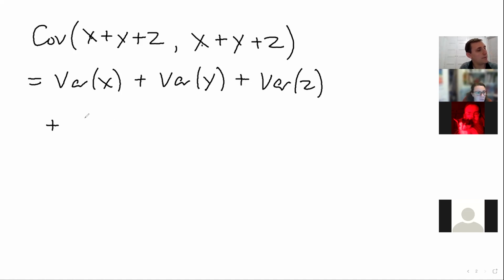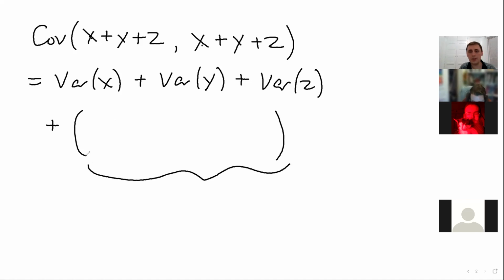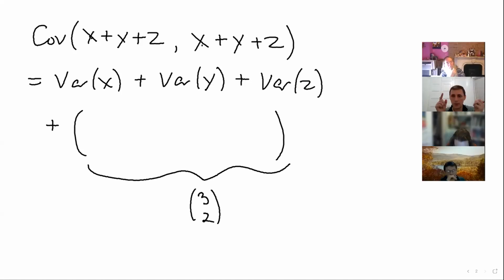Next, we have how many connections? So how long is this summation? How many terms do we have here? 6, 3 factorial. So how to calculate in general? So there is 3 of them, right, guys? So I can say, okay, this is 3 choose 2. 3 choose 2 are the variables.